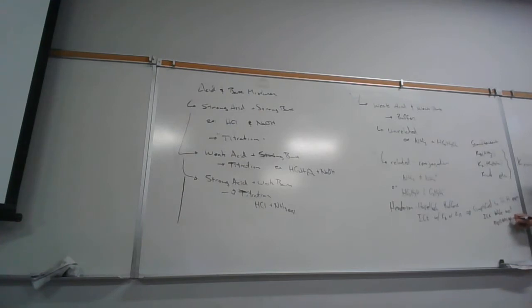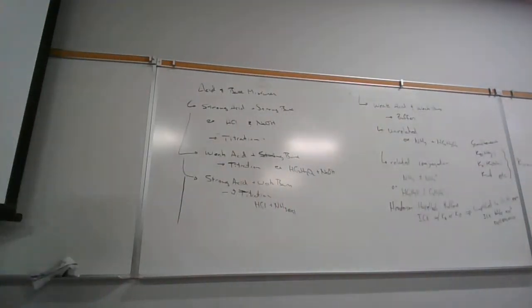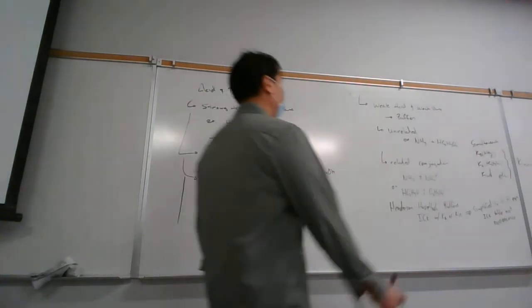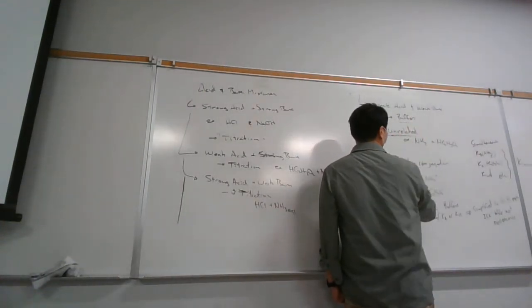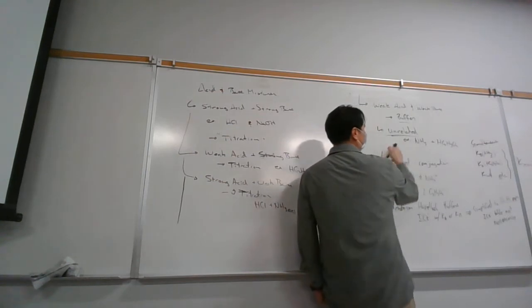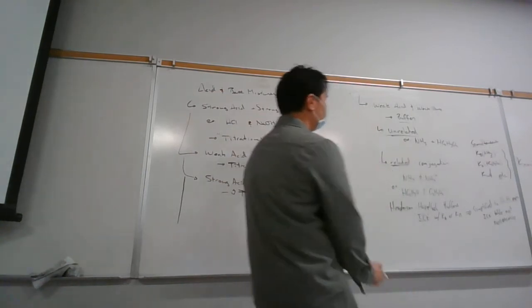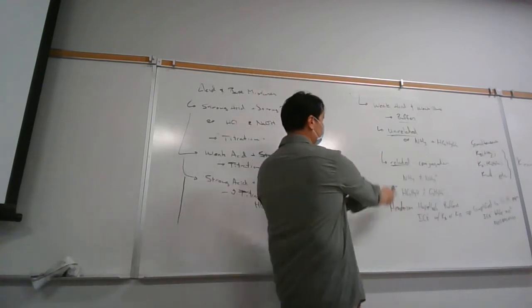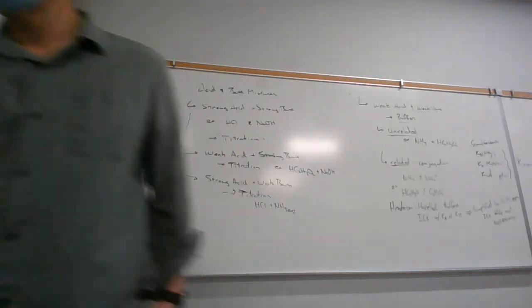It just makes the calculations a little bit easier. When they're unrelated, this is difficult. When they're related, this is pretty straightforward. Most of the buffer problems we're going to do are going to be like this.